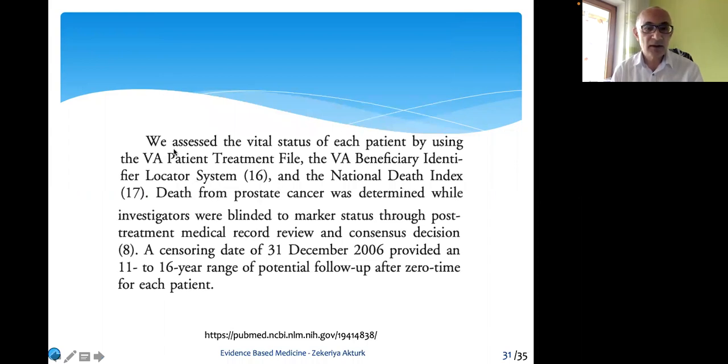This is my last slide from the methods. We assess the vital status of each patient by using the VA patient treatment file, the VA beneficiary identifier locator system, and the national death index. So they made sure about the outcome. Was the patient alive or dead?